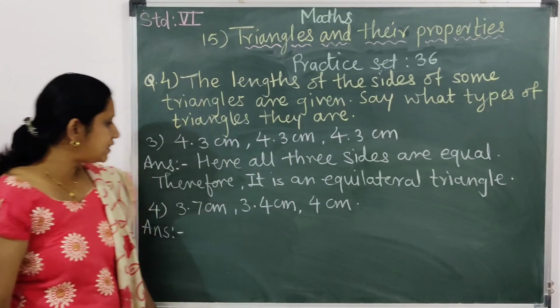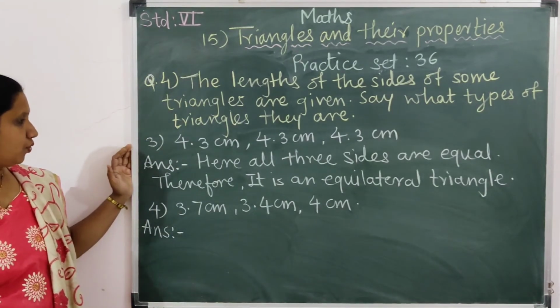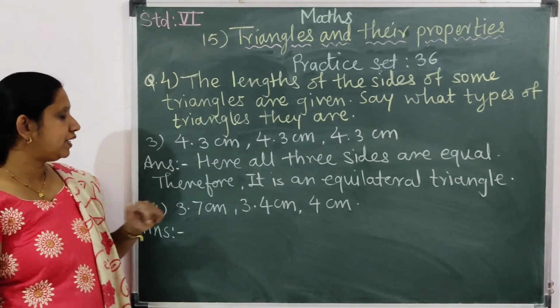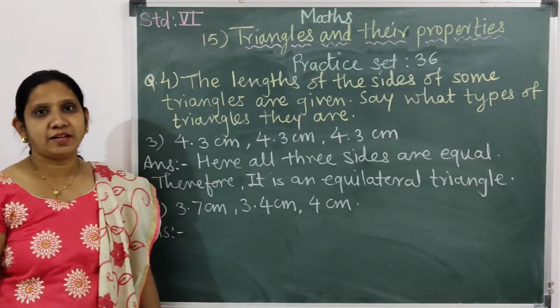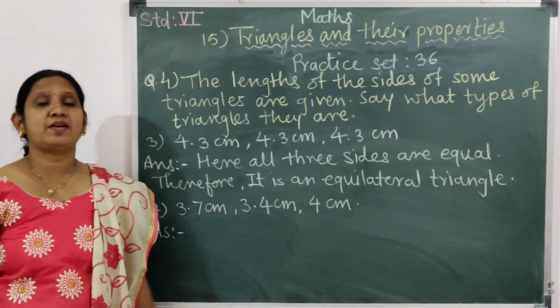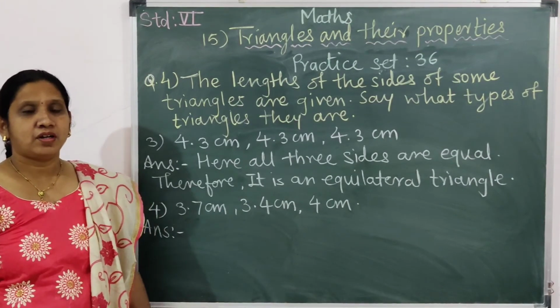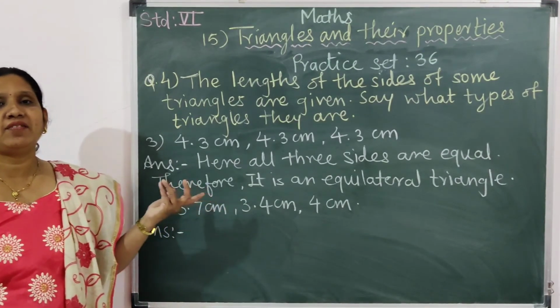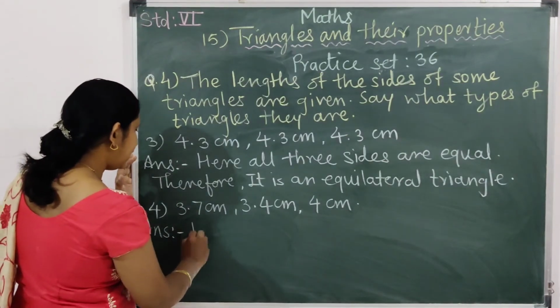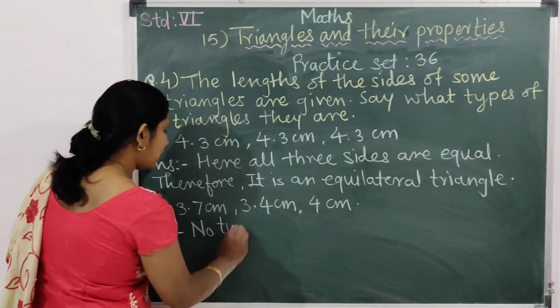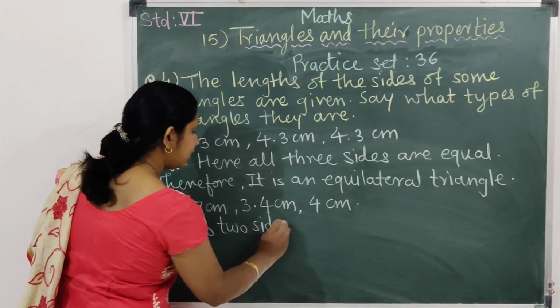Okay, now let's see example number 4. 3.7 centimeter, 3.4 centimeter and 4 centimeter. Here all 3 measurements are given different. So when no 2 sides are equal, of course it is a scalene triangle. Now let's write here the reason. No 2 sides are equal.